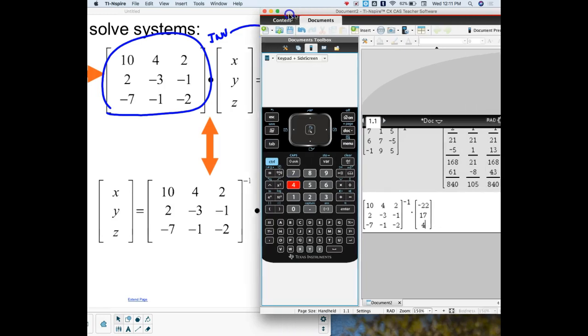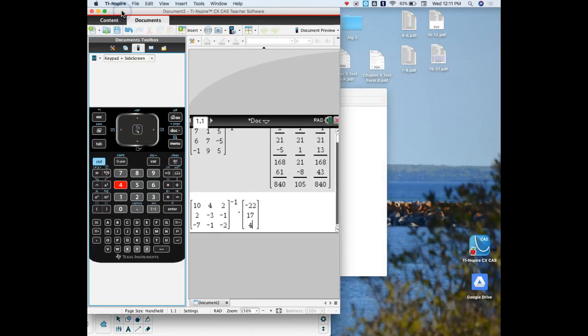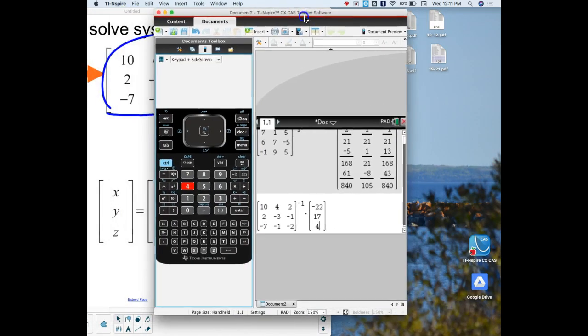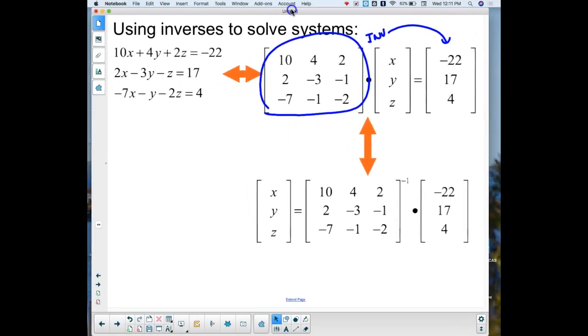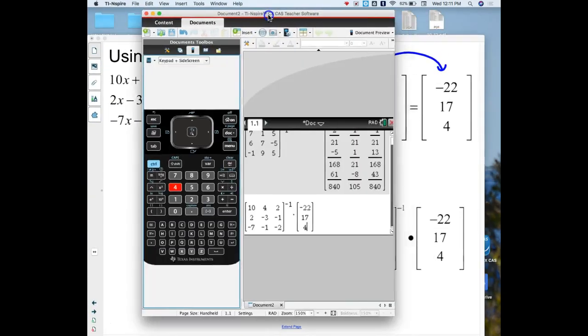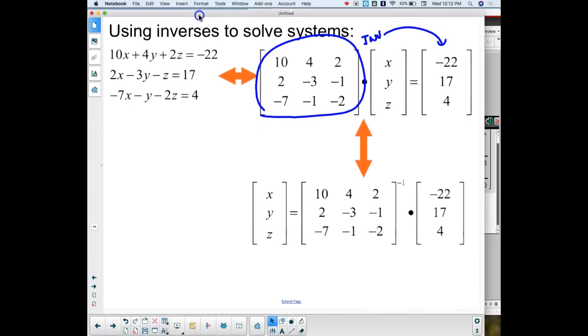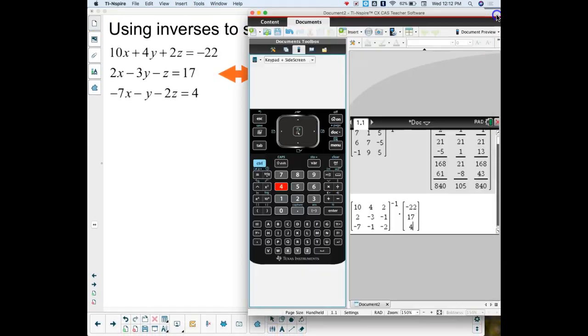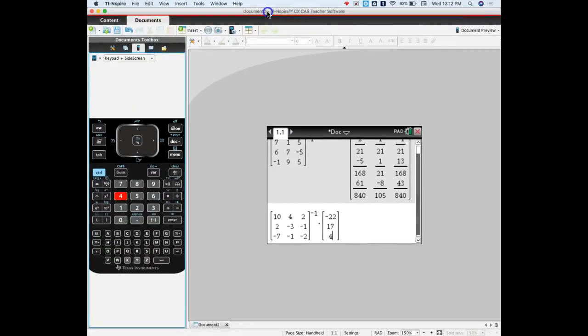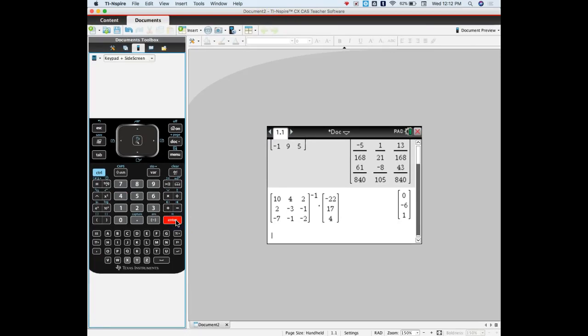And when I do this, I have to move this one back over a little bit more. I know, riveting stuff here going on. And when I do this, I get 0, -6, and 1.